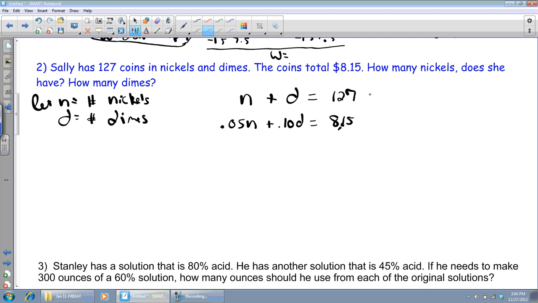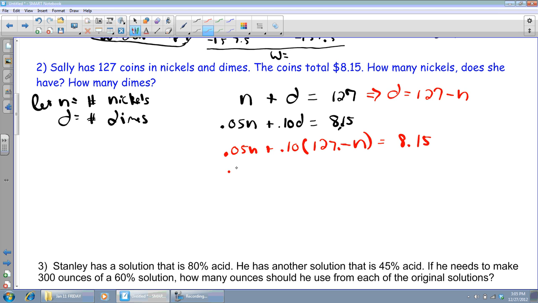Okay, I think I'm going to solve for D. So D is going to equal 127 minus N. So I'm going to get 0.05 N plus 0.10 times 127 minus N, right? Equals 815.